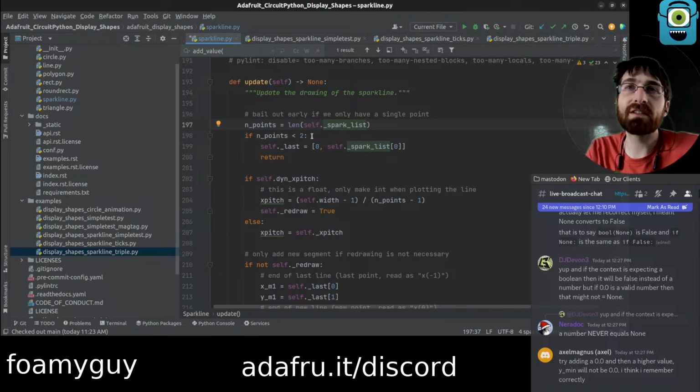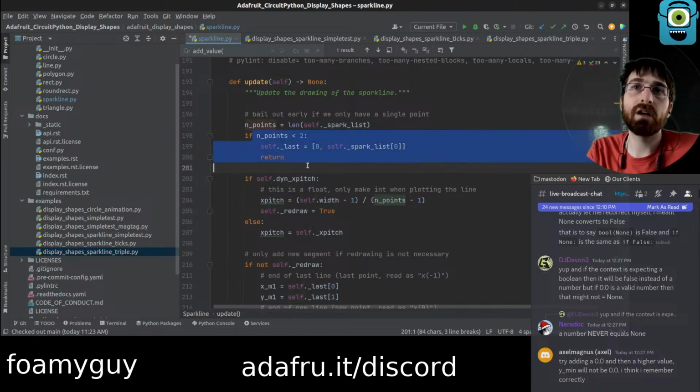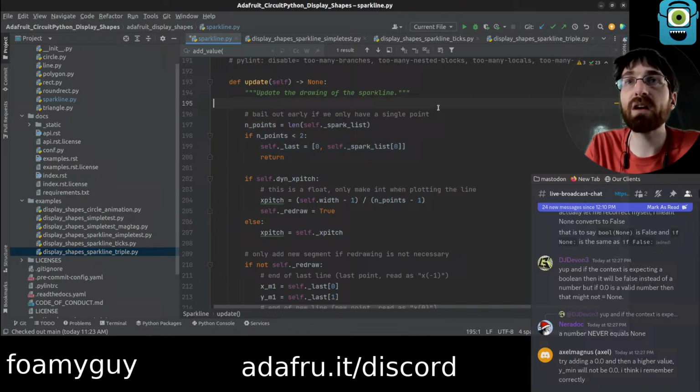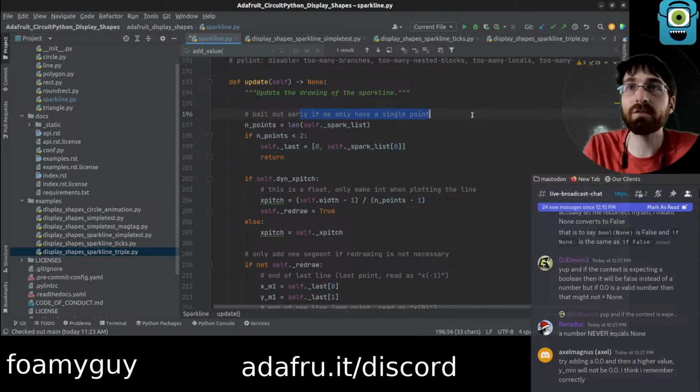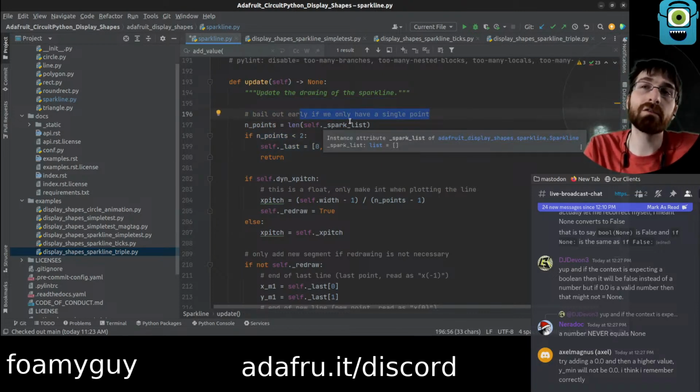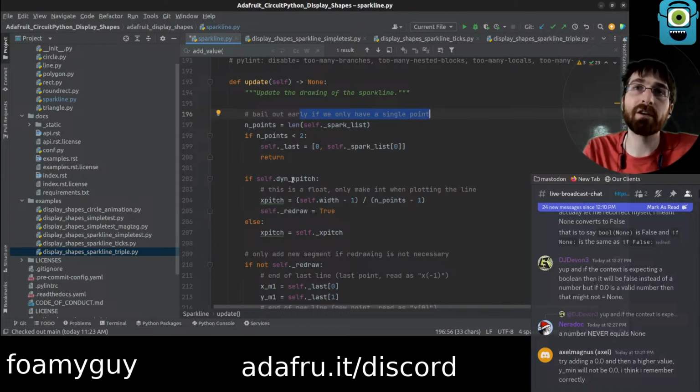If number of points is less than 2, then last equals 0. I don't know what this is for. Oh, bail out early if we only have a single point. I should read the comments. There's nothing to draw if there's only one point. Fair enough.